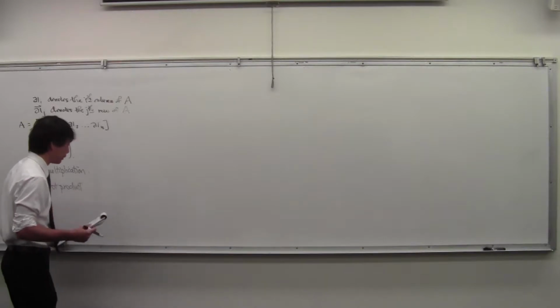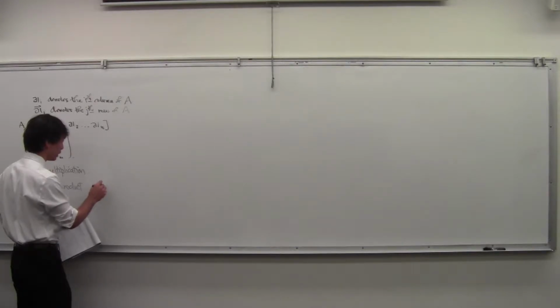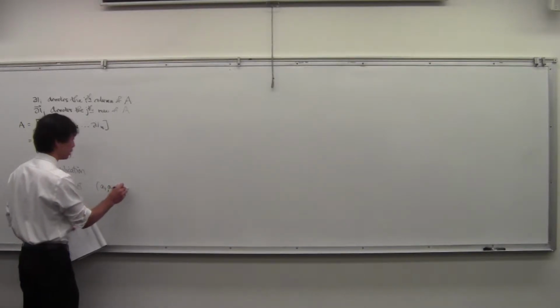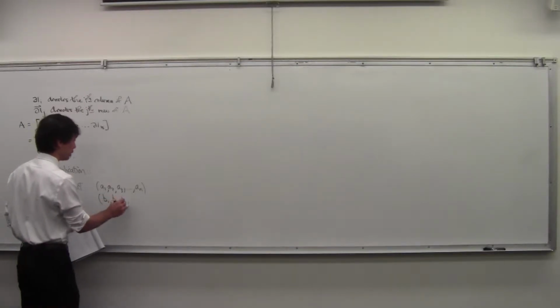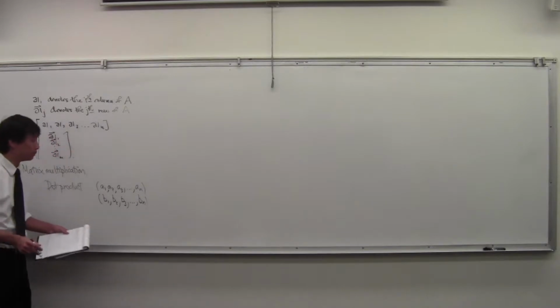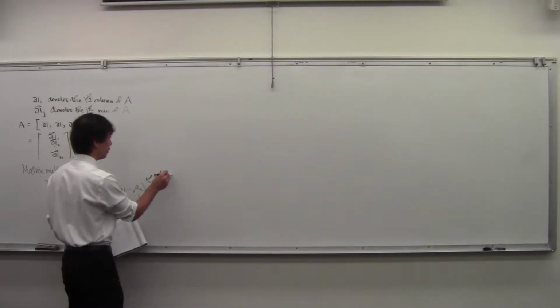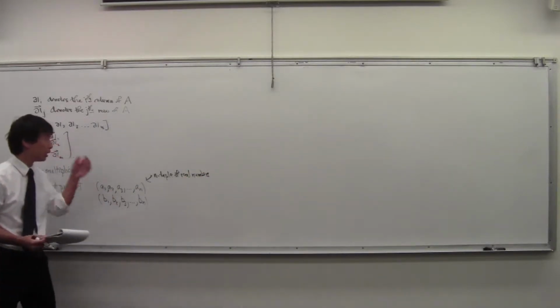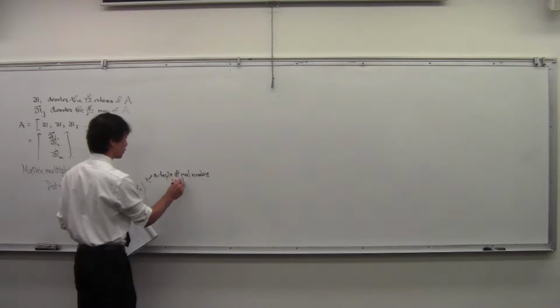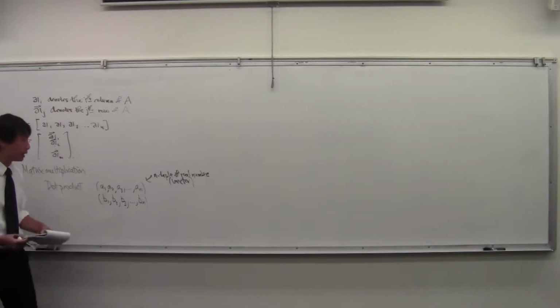We haven't even talked about vectors, but if you have a bunch of numbers, an n tuple of real numbers, say a1, a2, a3, ..., an, and you have another n tuple b1, b2, b3, ..., bn, these are also called vectors.